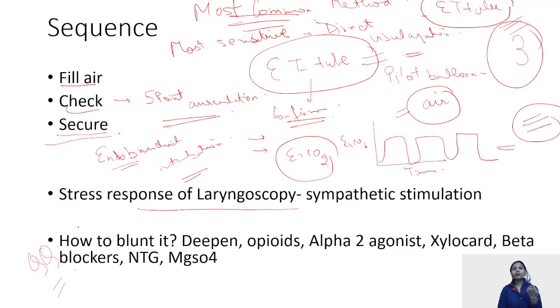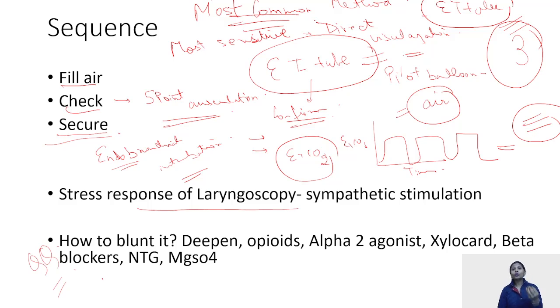Second, opioids like fentanyl or remifentanil can be used. Dextromethorphan, clonidine, the alpha-2 agonist, can be used. Xylocard, that is 2% lignocaine without preservative, can be used. Beta blockers like esmolol, metoprolol, calcium channel blockers, and vasodilators like nitroprusside or nitroglycerin can be used. Magnesium sulfate again can be used to blunt this stress response.